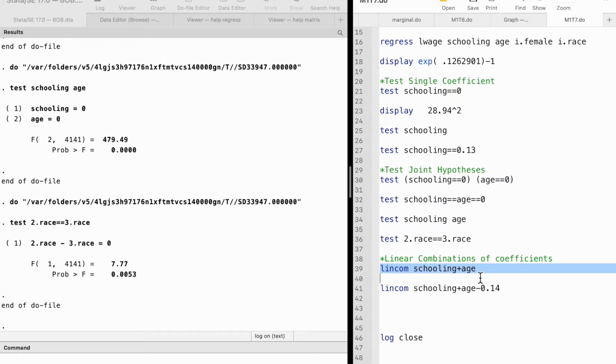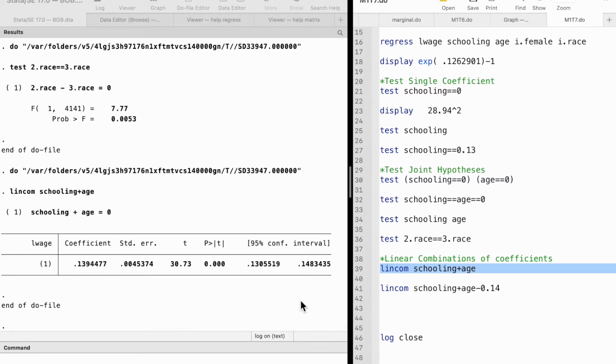We treat age as a proxy for experience here. We see that the sum of the effects is 0.139. Educational attainment and experience together increase the wage by about 14%, and it is statistically significantly different from zero at the 0.1% level.